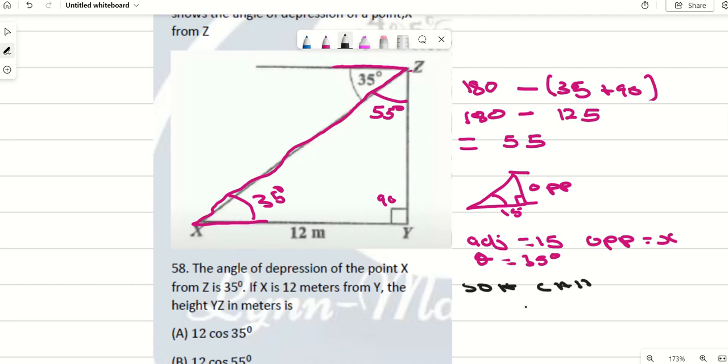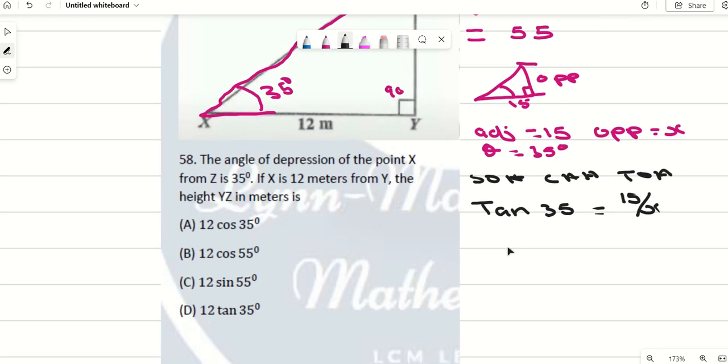So if we know that, we're looking for SOHCAHTOA. We're looking for something that has opposite and adjacent. So this is tan, right? So tan 35 is equal to 15 over X. You want to make X the subject. All of these have multiplication, so this cannot be the answer. Wait, no, my bad.